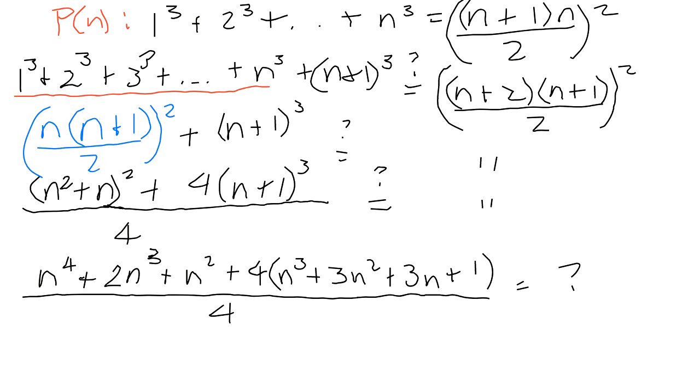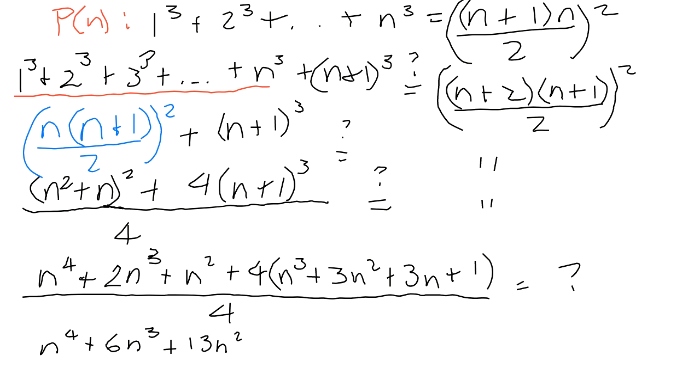I'm squeezing the last part at the bottom now. So I'm going to put all the like terms together. So we have n to the 4. That's only 1 time. Then we have a 2n cubed and a 4n cubed, so a 6n cubed. We have an n squared and a 12n squared, so that's 13n squared.